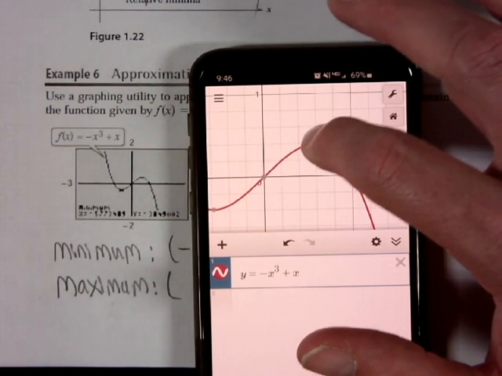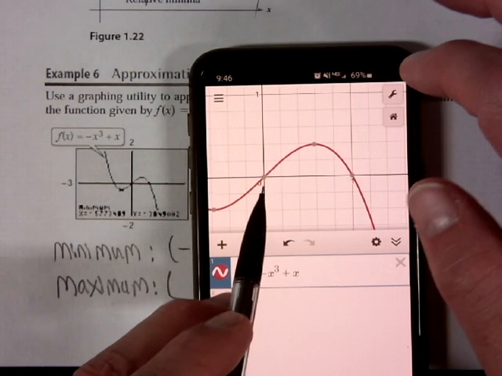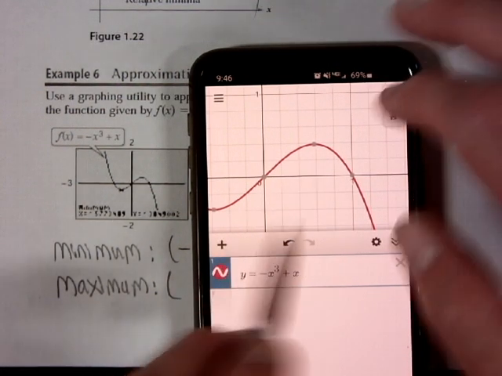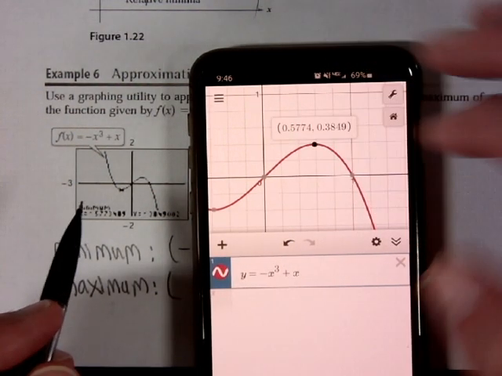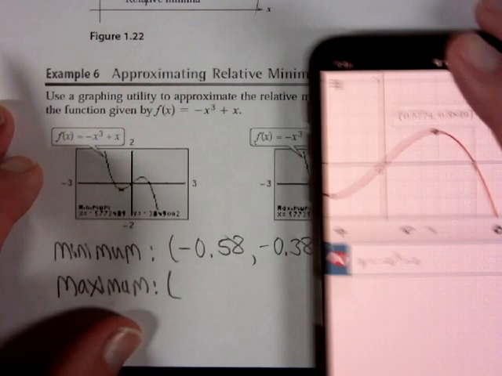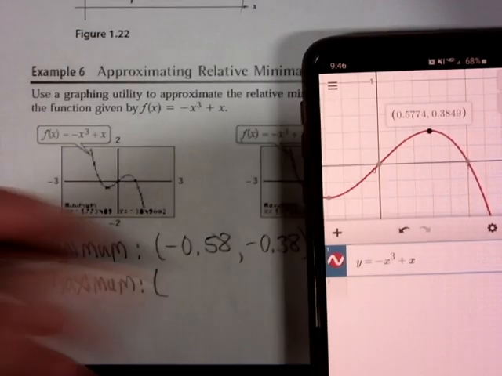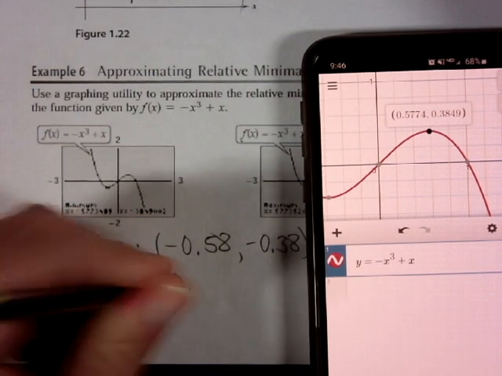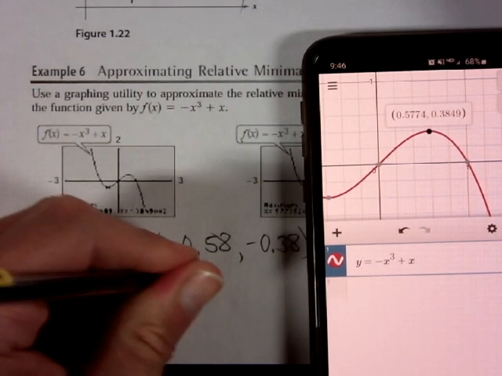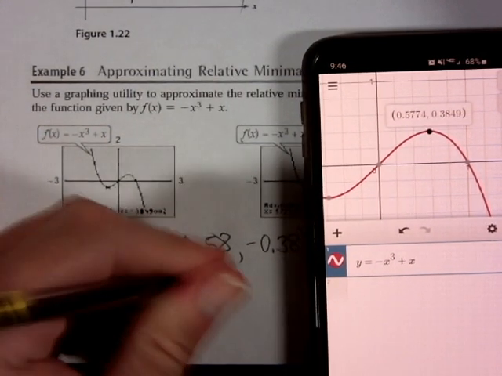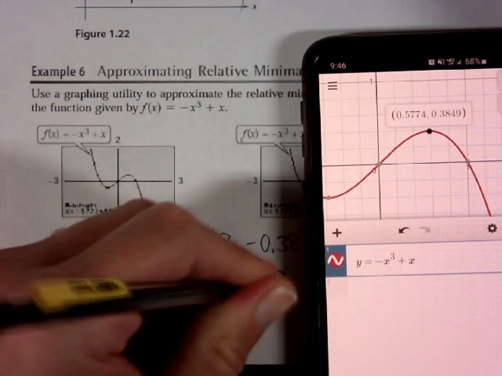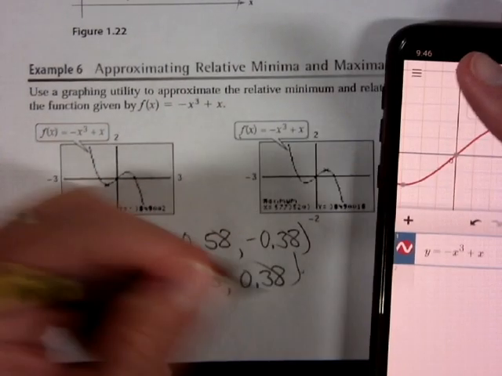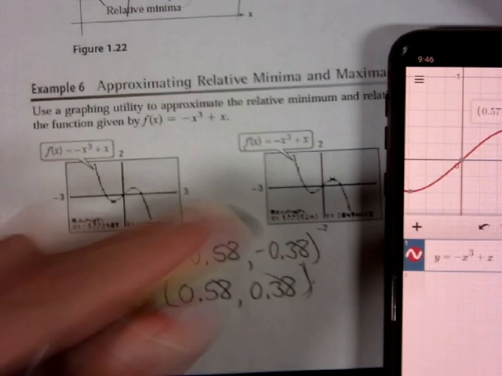Like I say, this calculator already knows these are probably the points you want to look at. So we just tap on the maximum, and the ordered pair comes up for it. We write it. It's 0.58 and 0.38. And there you go. You have your relative max and your relative min.